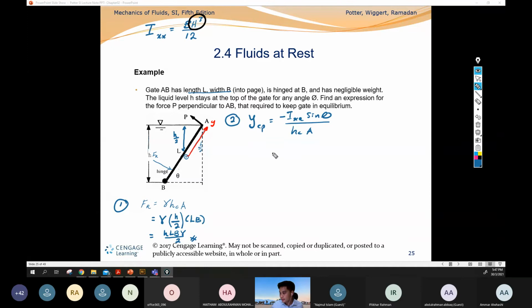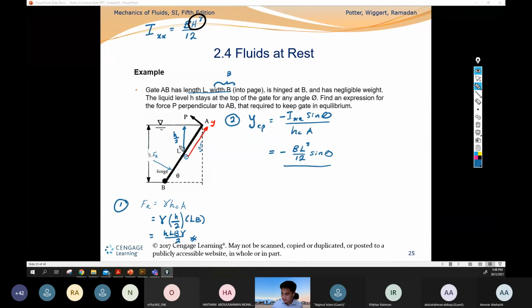Just substitute here: negative I_xx, where B is the width, this B is our B. So B times L cubed over 12, times sine theta, we have theta here, over h_c.